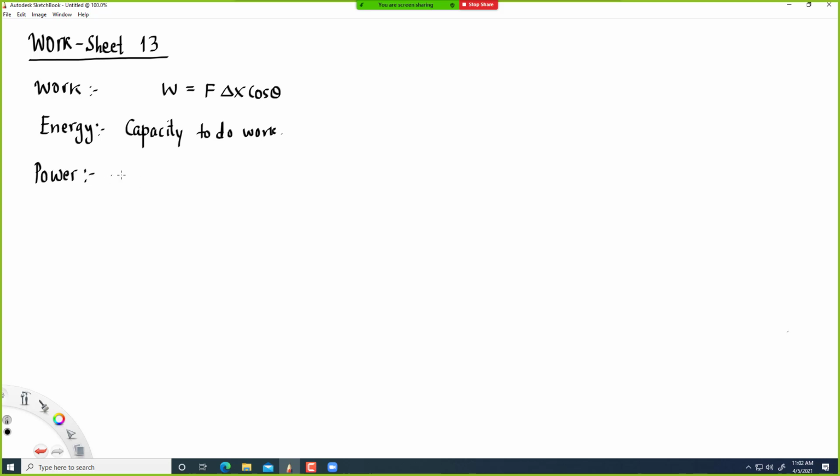Okay, so power is how fast one can do a work. Whenever you say fast or slow or something that involves time, we use the term rate. So rate of doing a work. In layman's terms, you can say it tells us how fast one can do a work.